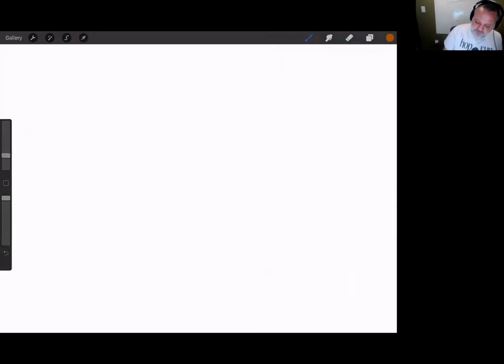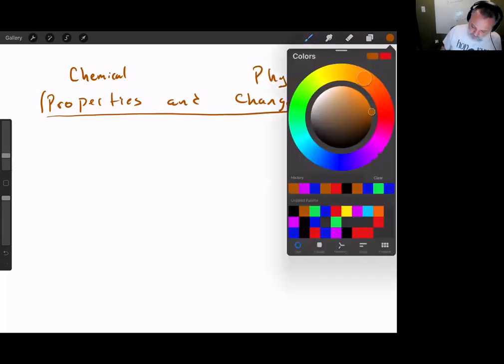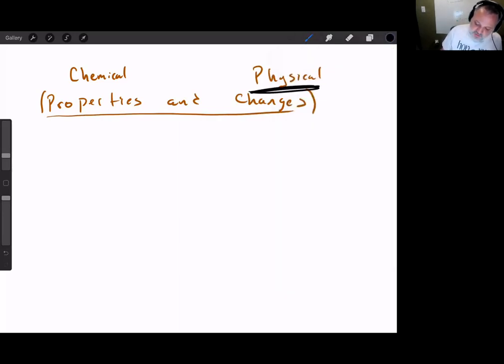So it involves chemical and physical properties and changes. The textbook definitely lists these two things separately, but they're closely related.